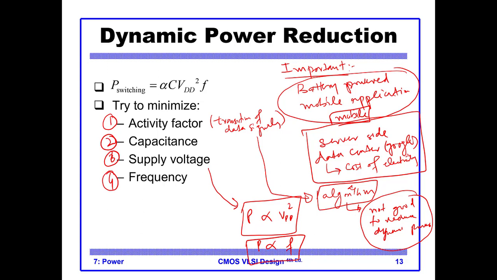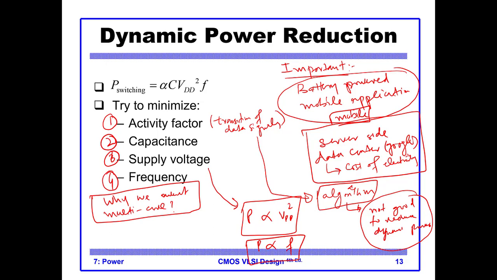And I told you before, if you remember from the midterm, that this is why we went multi-core. Why does Intel not just produce a microprocessor with 10 gigahertz frequency?